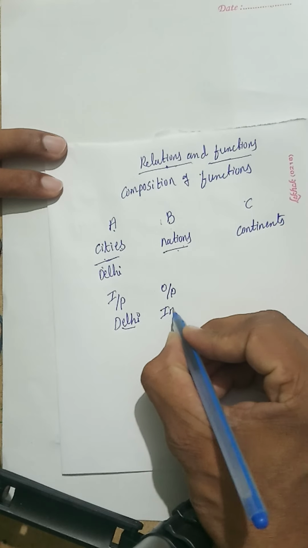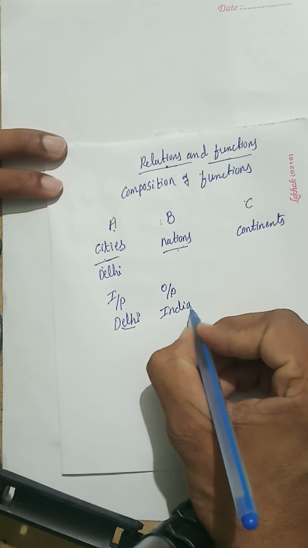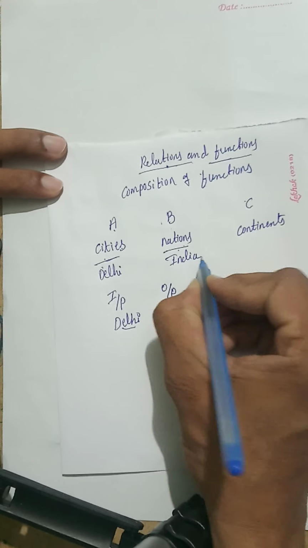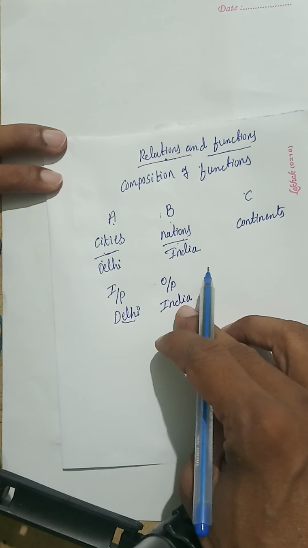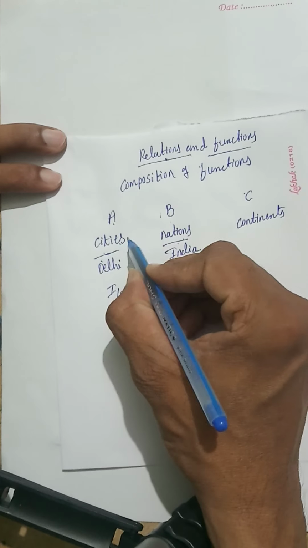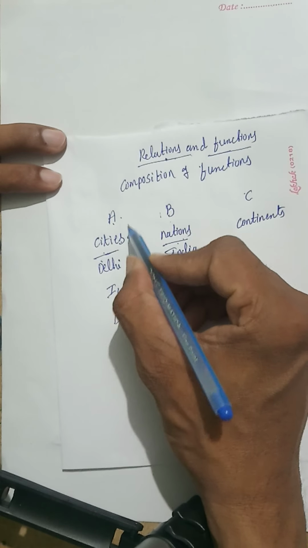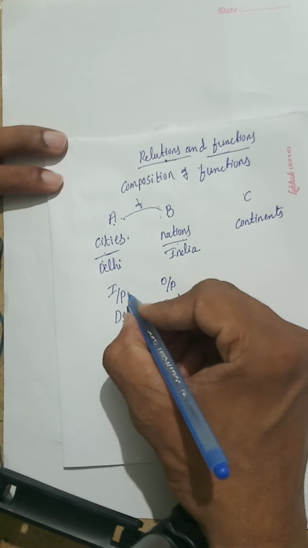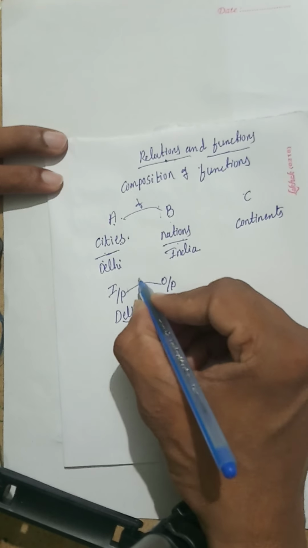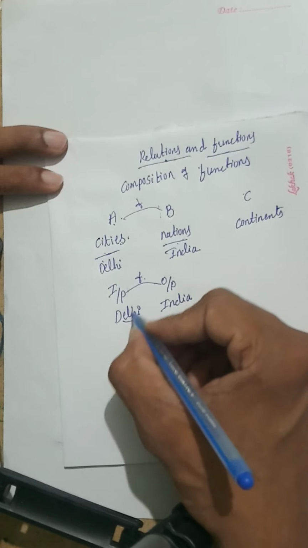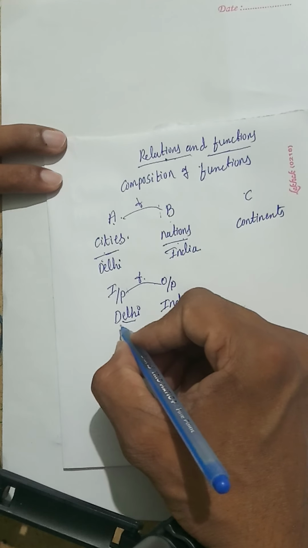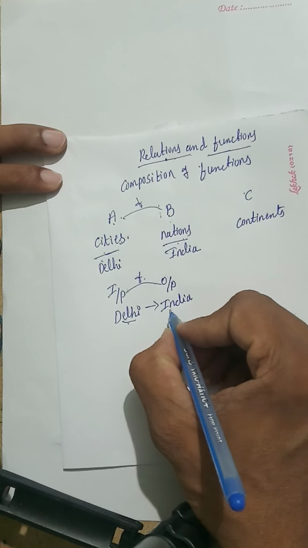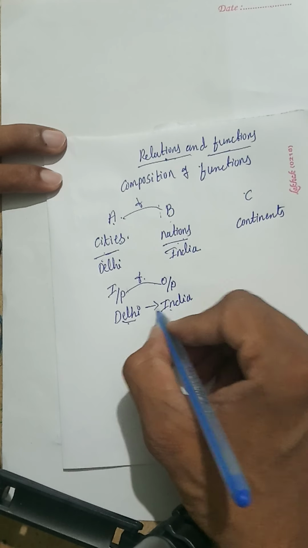India. I will obtain the output India under the function f. Under this function f, I am giving the input Delhi and I will obtain the output India.